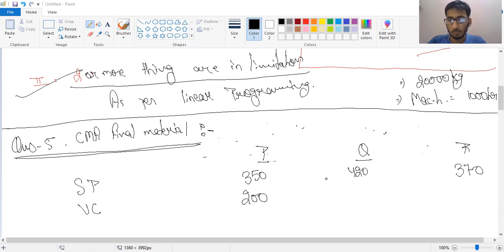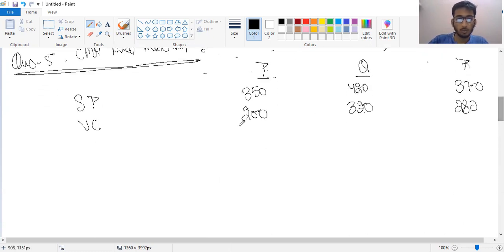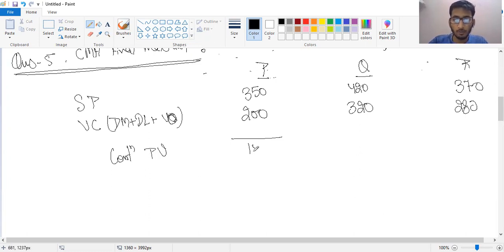You can say 320 and 280. So basically in this, direct material, direct labor, and variable overhead all are included. So what would be the contribution per unit? I can say 150 would be the contribution, 100 would be the contribution, and 90 would be the contribution.